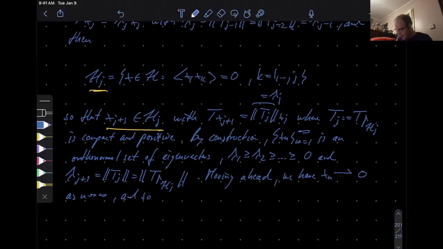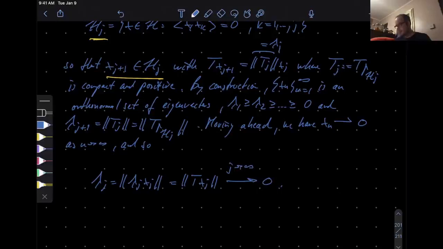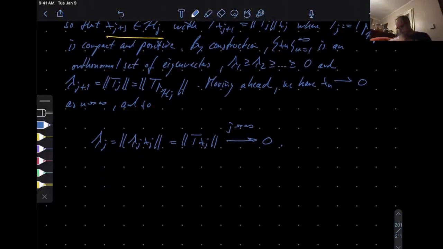And so by the property that compact operators map weakly convergent sequences to norm convergent sequences, you actually have λ_j, which is the norm of λ_j x_j, because x_j has length 1 and the lambda j's are non-negative, because you're dealing with this positive operator. Since x_j goes to 0 weakly as j goes to infinity, the image sequence T x_j in norm will go to 0 as j tends to infinity. So we also have this property that the lambda j's can only accumulate at 0.